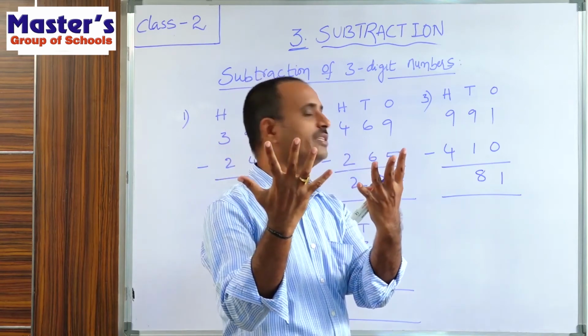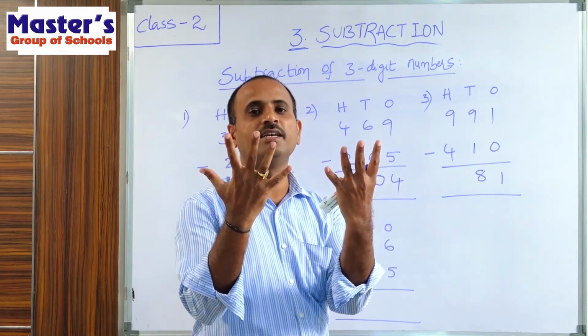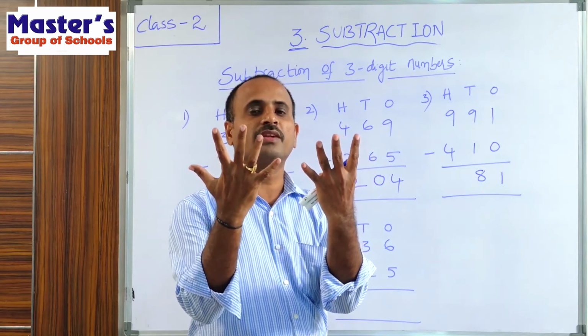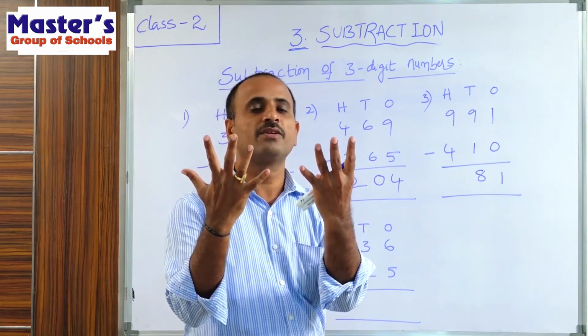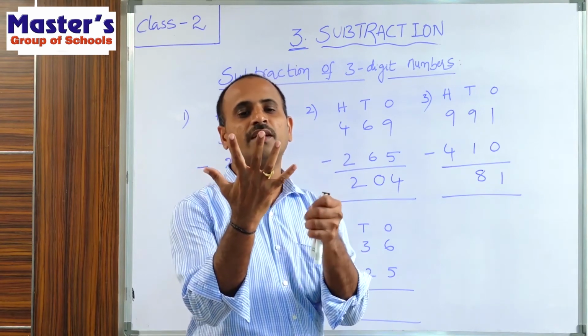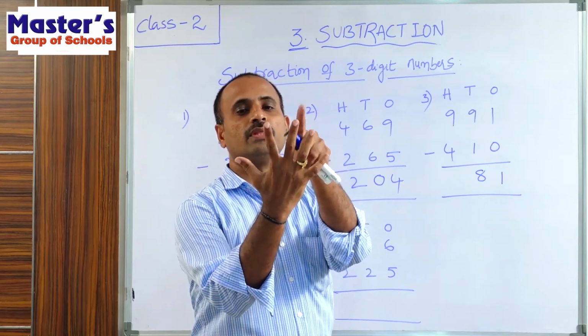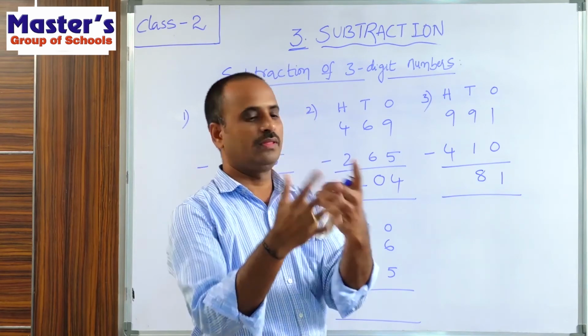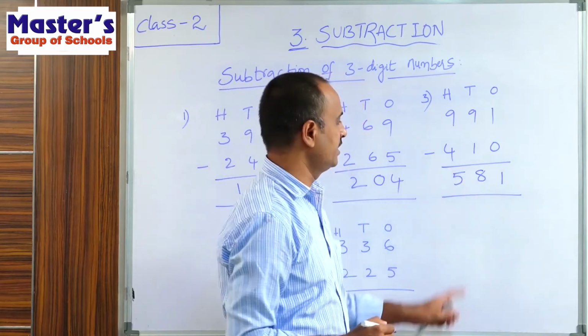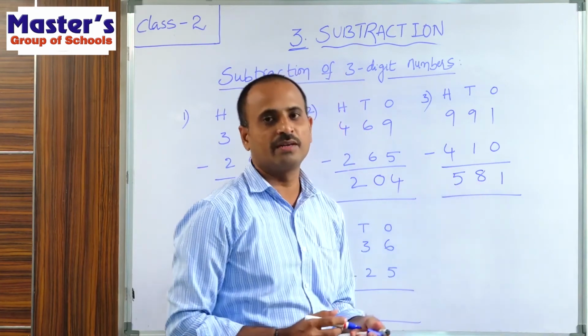What is the second digit in the hundreds place? 4 is the second digit present in the hundreds place. So close 4 fingers in these 9 fingers. So close 4 fingers. 1, 2, 3, 4. How many fingers are left? 1, 2, 3, 4, 5. The answer is 5. So write 5 under hundreds place. So the answer is 581.